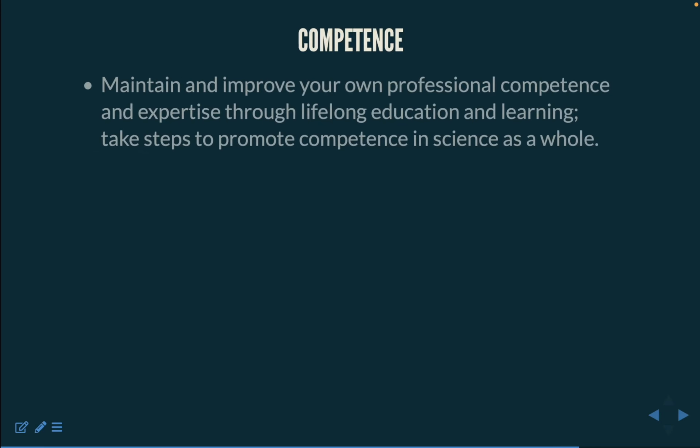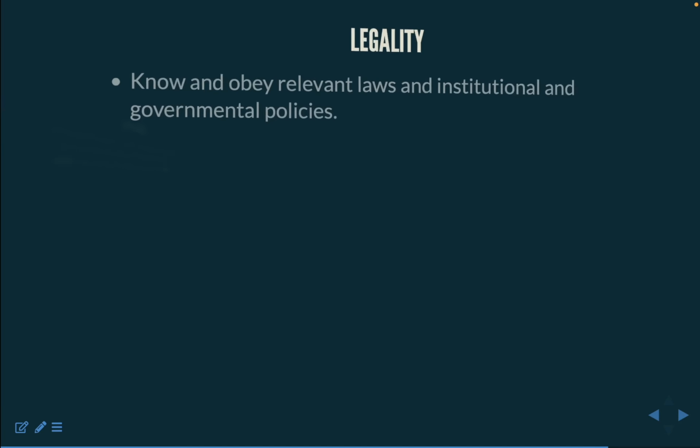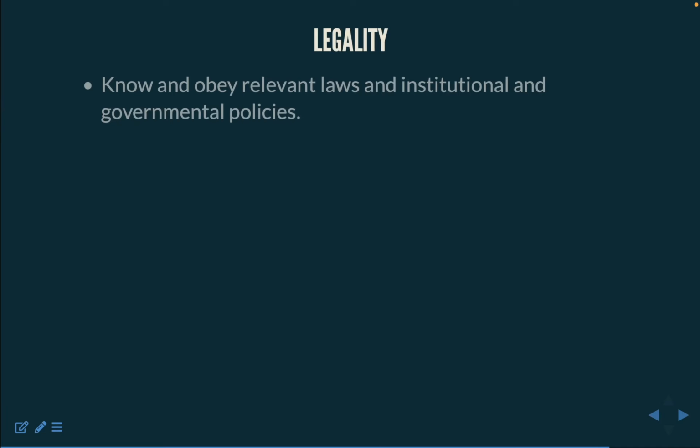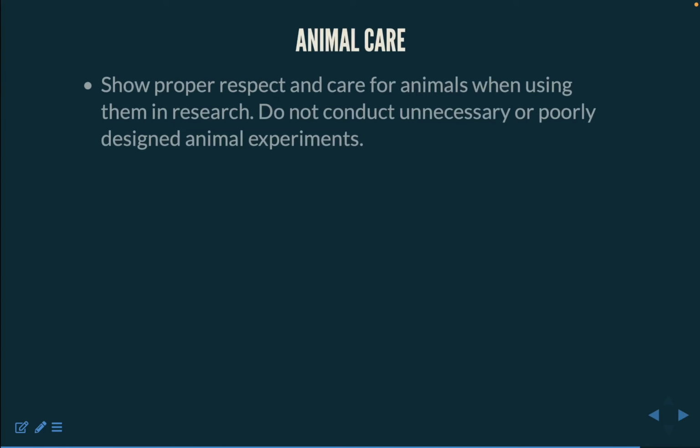Competence. Maintain and improve your own professional competence and expertise through lifelong education and learning. Take steps to promote competence in science as a whole. Legality. Know and obey relevant laws and institutional and governmental policies. Animal care. Show proper respect and care for animals when using them in research. Do not conduct unnecessary or poorly designed animal experiments.